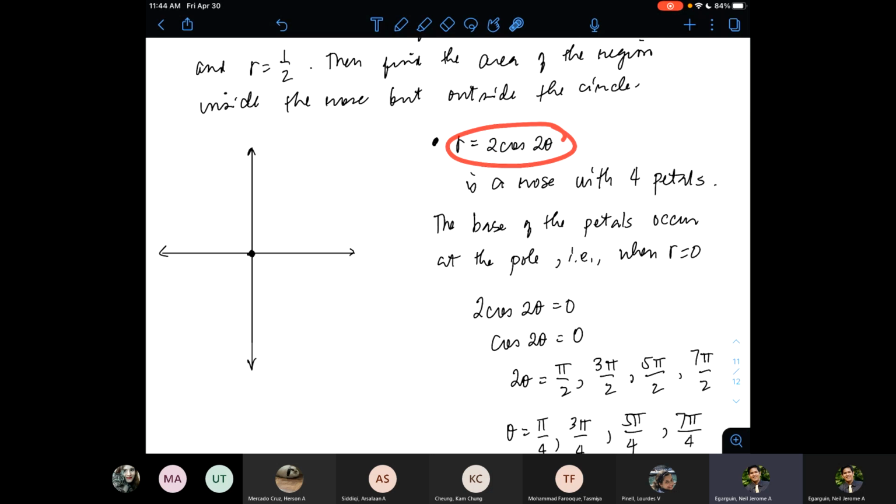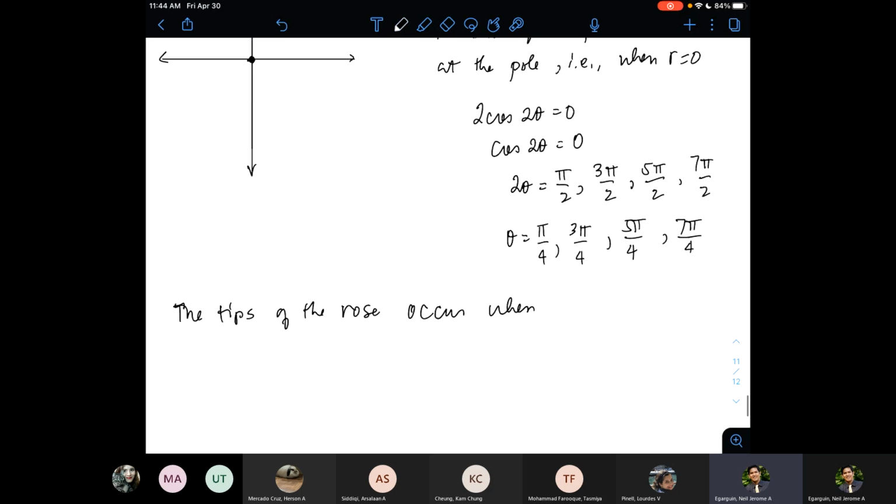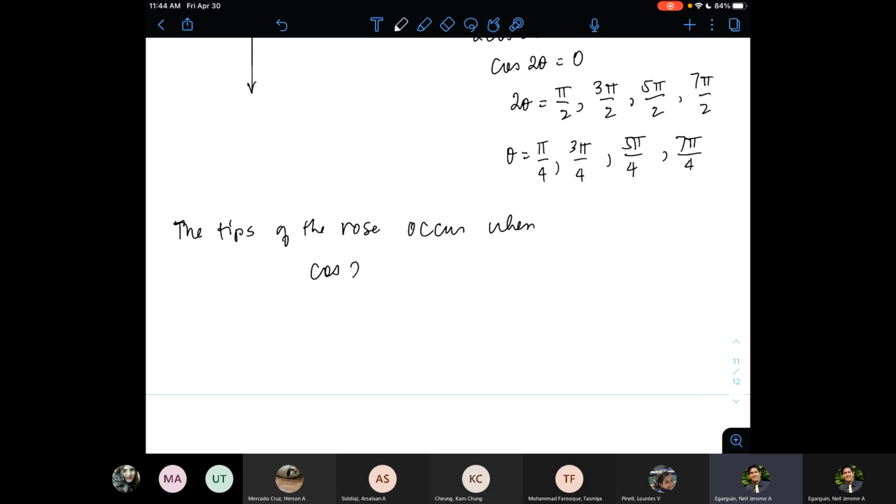So the maximum value for cosine is equal to 1. So the tip would be the highest value. The highest possible value is when your trig function is equal to 1, right? Actually, plus or minus 1. So those are where your tips are.